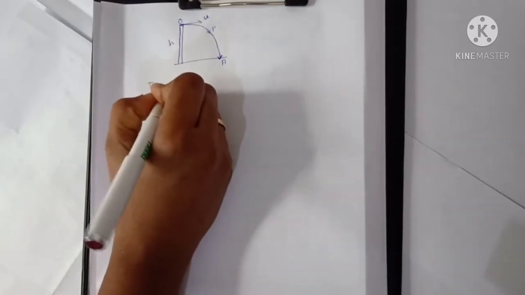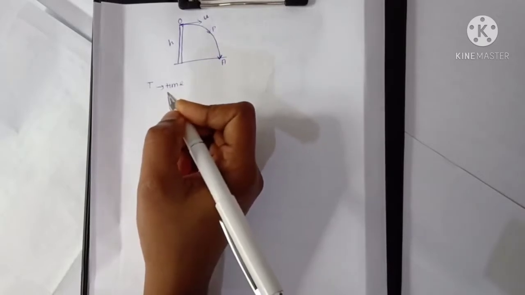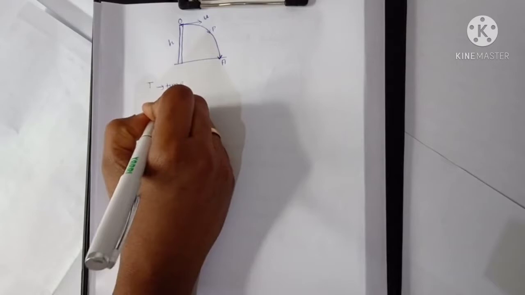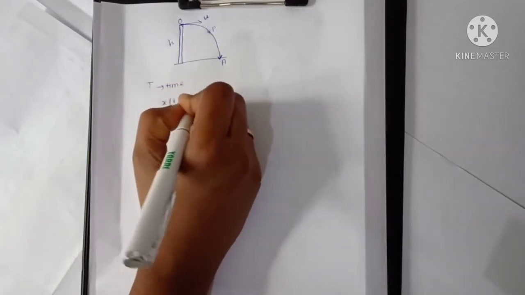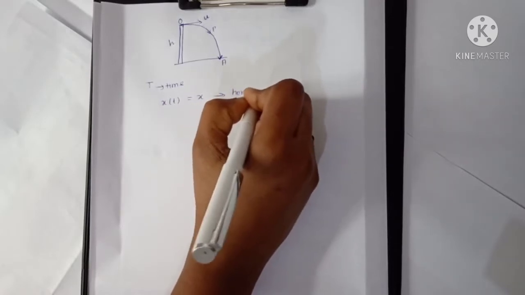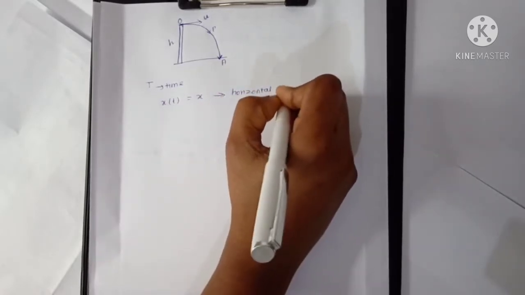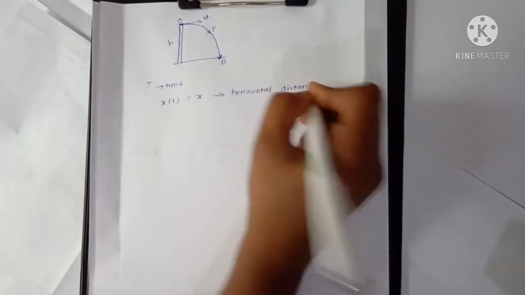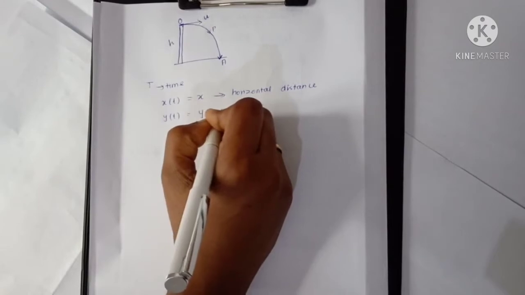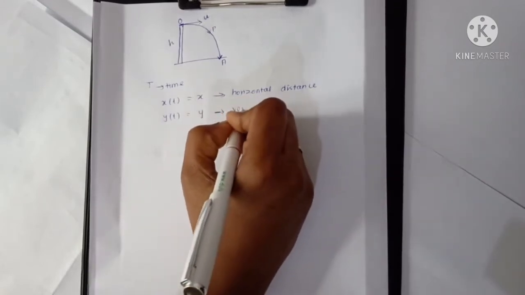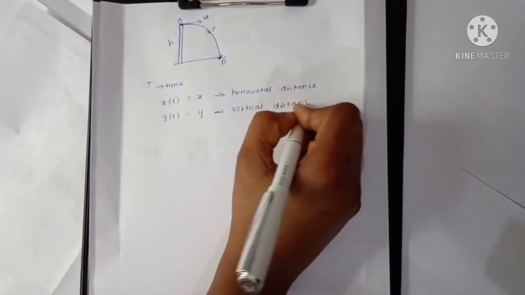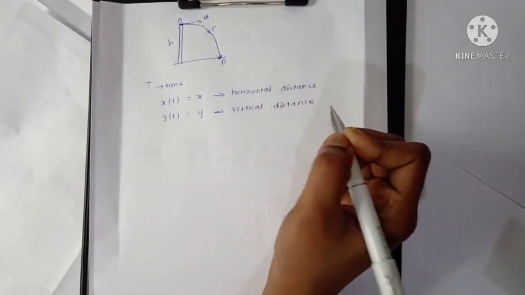The horizontal distance traveled by the ball is x(t), equal to x, and y(t), equal to y, is the vertical distance traveled by the ball.